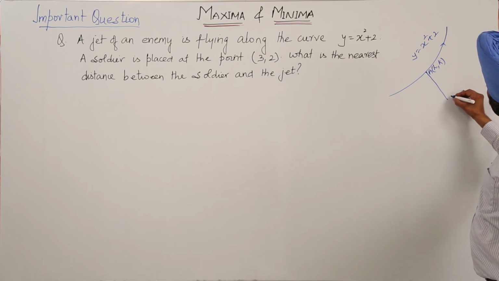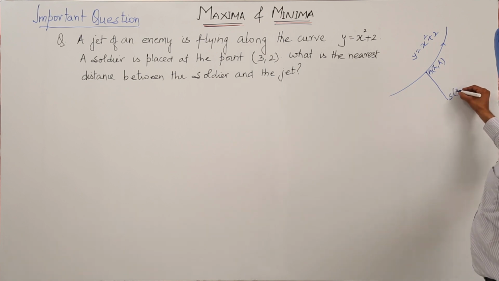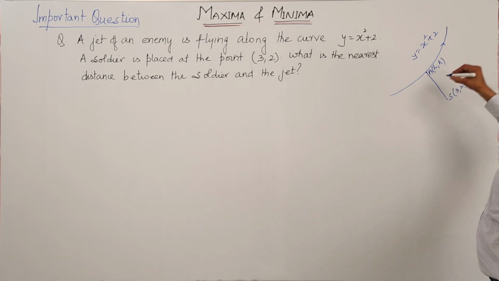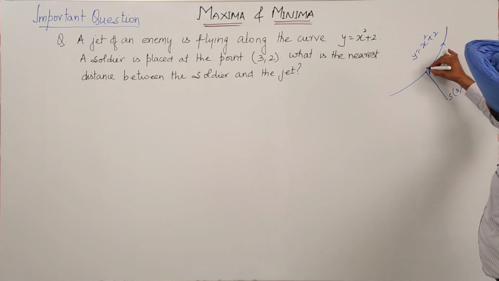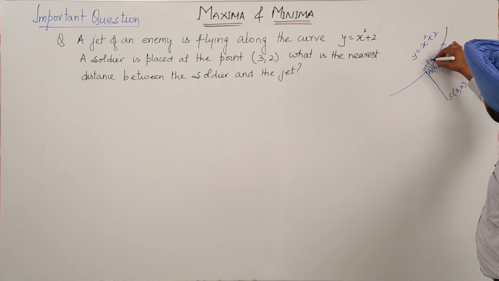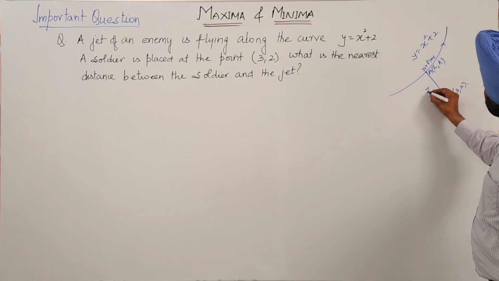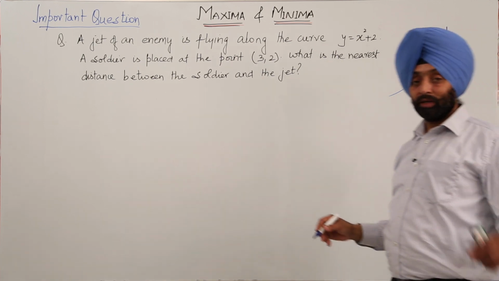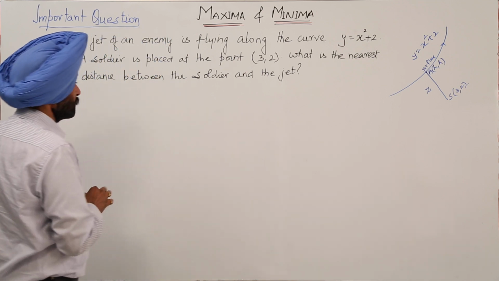This is the position of the soldier S, and it is given that this is (3, 2), and this is the jet plane. Let this distance be z between soldier and plane. Now let's solve it.